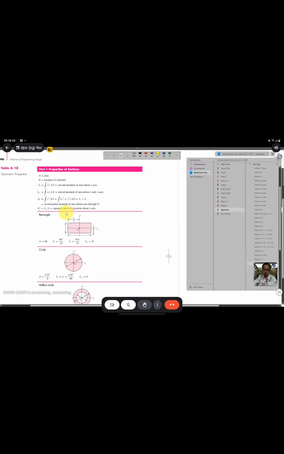Okay, this one. Table A18. The name is property of section. From the property of section, it will give you the I and J value.